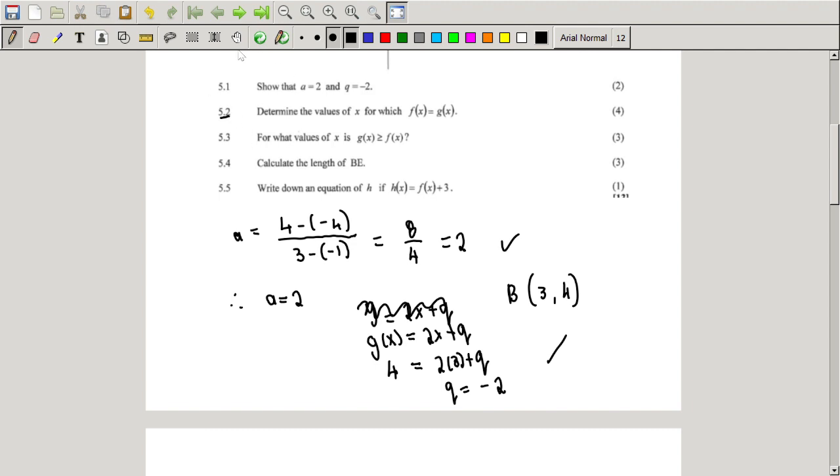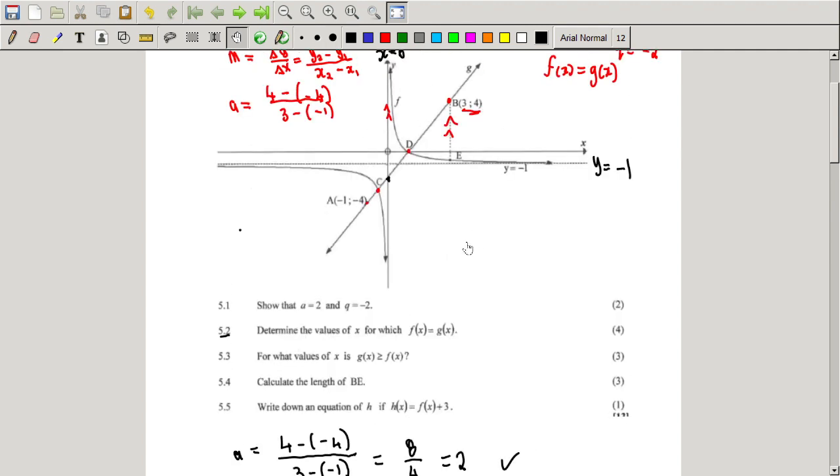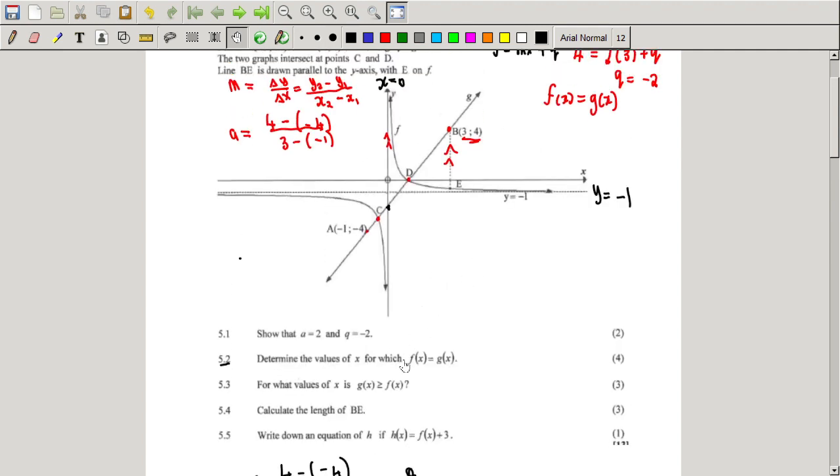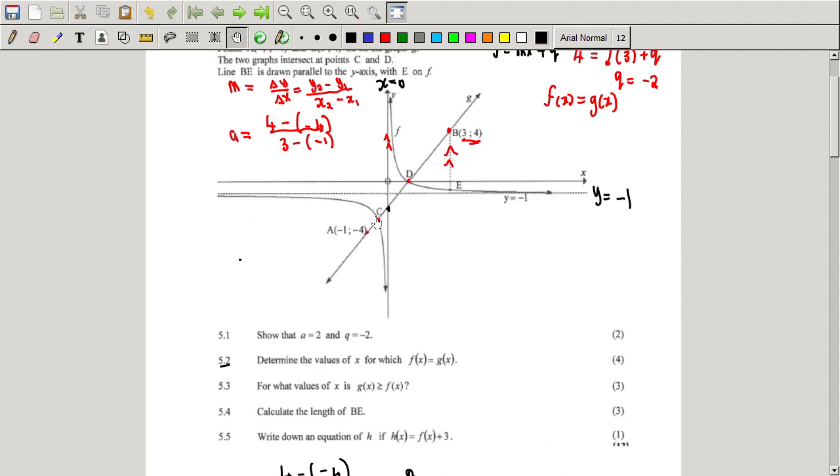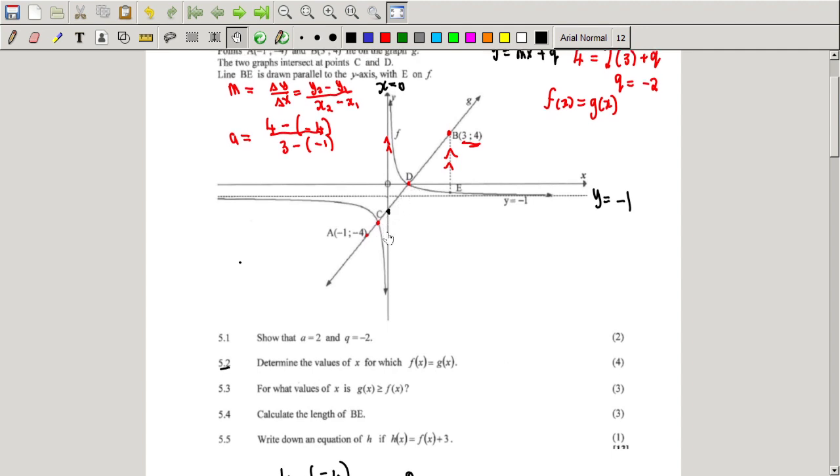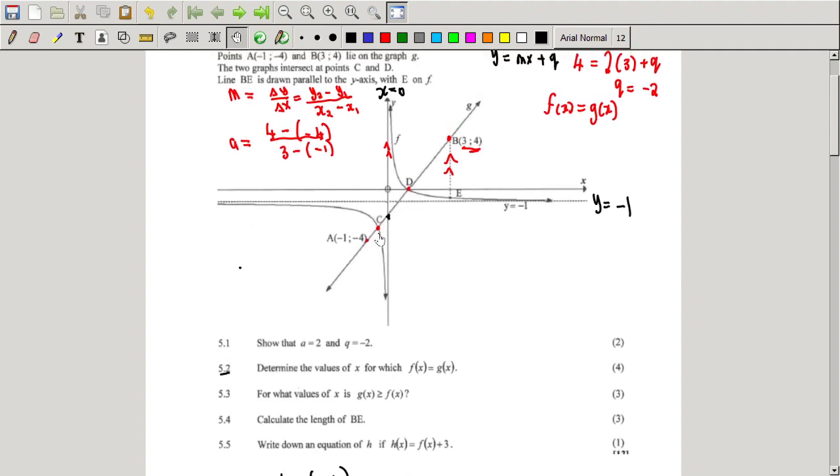So now let's get to 5.2. Determine the values of x where f of x is equal to g of x. Like I mentioned, where f of x is equal to g of x is where the graphs intersect. So it means we'll be getting the x coordinates for C and D indirectly.